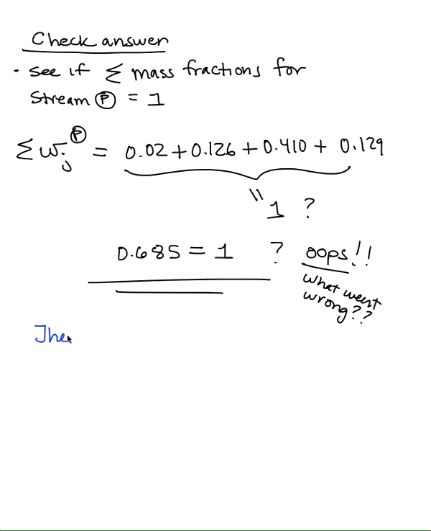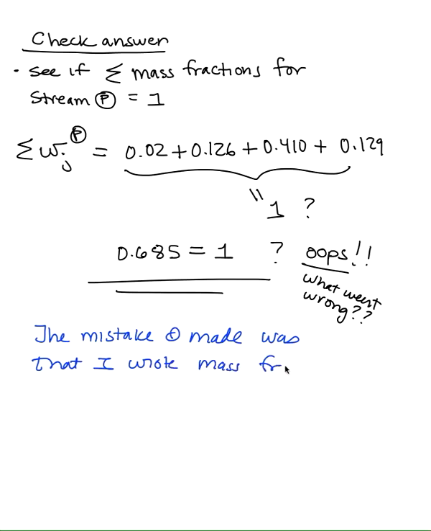So the mistake I made was that I wrote the mass fraction for water in stream C as 0.05.